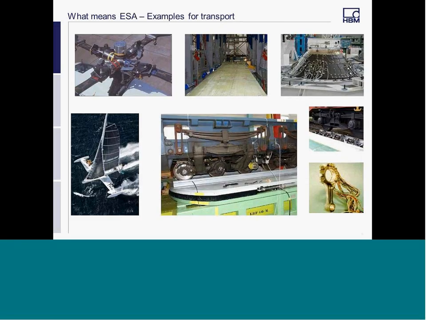Good. Some practical examples where in the world we speak about ESA, where strain is measured, stress calculated, and so on. I have some nice examples. Let's start with some examples from the transport area. Here on a helicopter, the blades of a helicopter, or the wings of a plane. I think that's the Airbus 340.